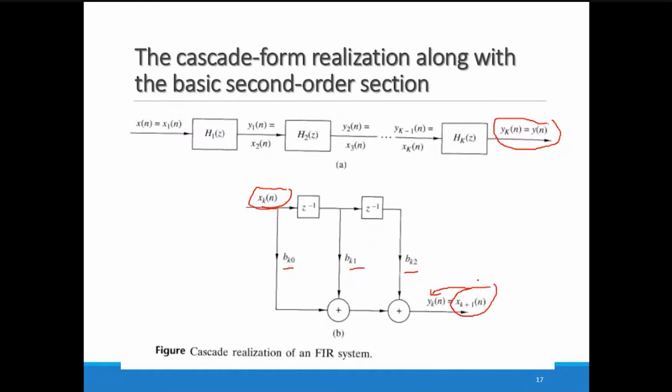This way you proceed for the different sections connected in cascade, and finally you get y(k). So in this way you get the output, which is the outcome of this cascade structure. This is the cascade realization of an FIR filter, FIR system.